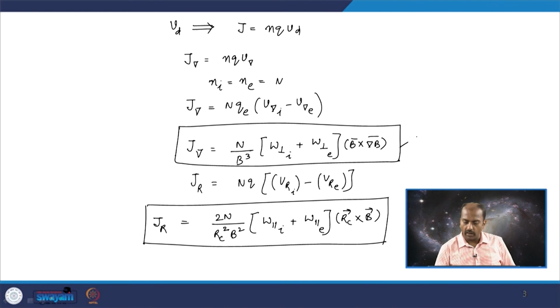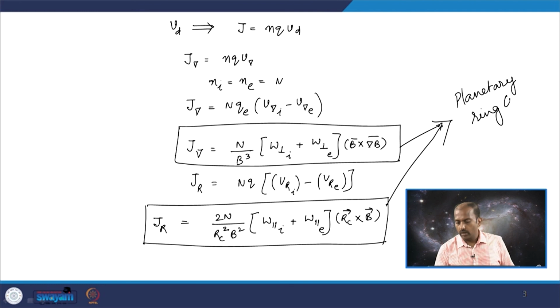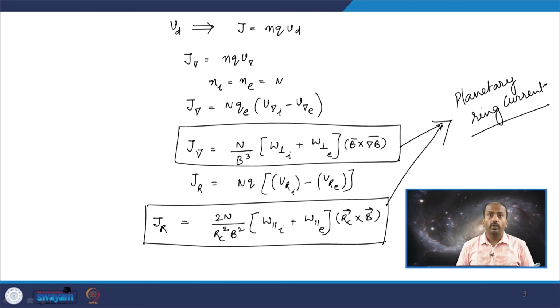So, these two are responsible for what is called the planetary ring current. The planetary ring current becomes a very important phenomenon when you want to study geomagnetic storms or space weather fluctuations in the Earth's atmosphere, right.